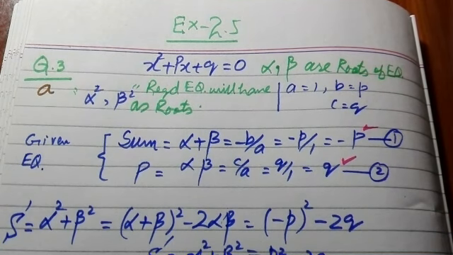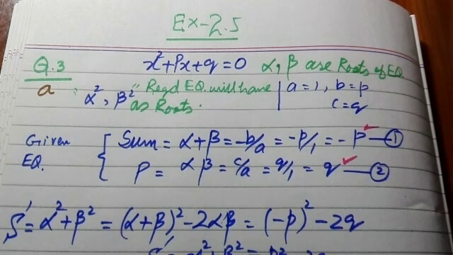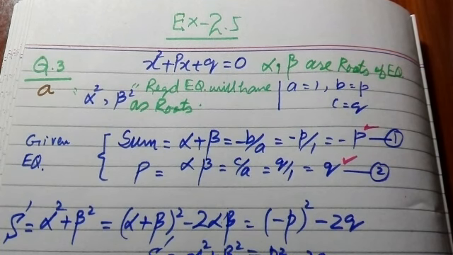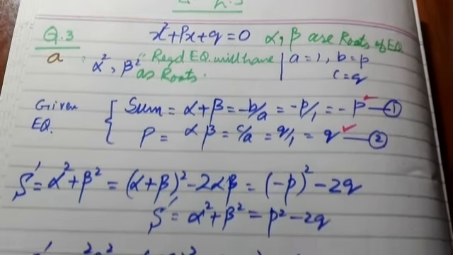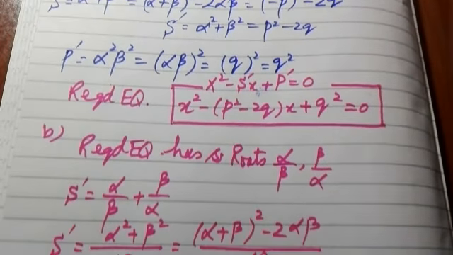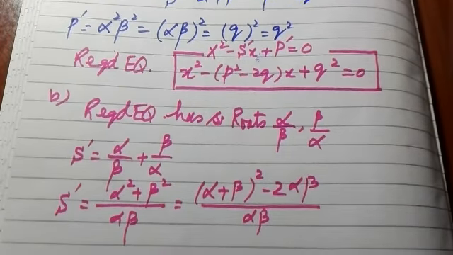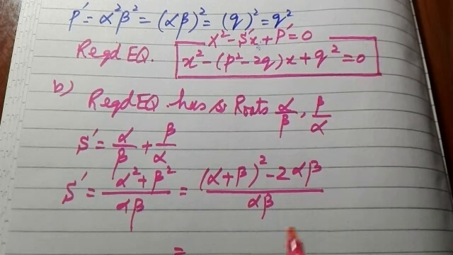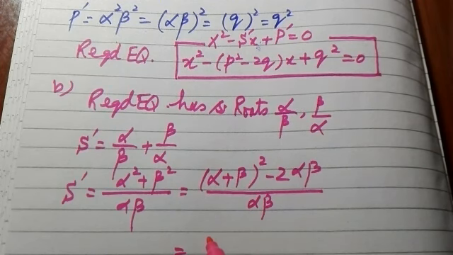So we will substitute these two values into this equation to find the sum and product of the required equation. So by substituting alpha plus beta from equation number 1, this is minus p whole square.